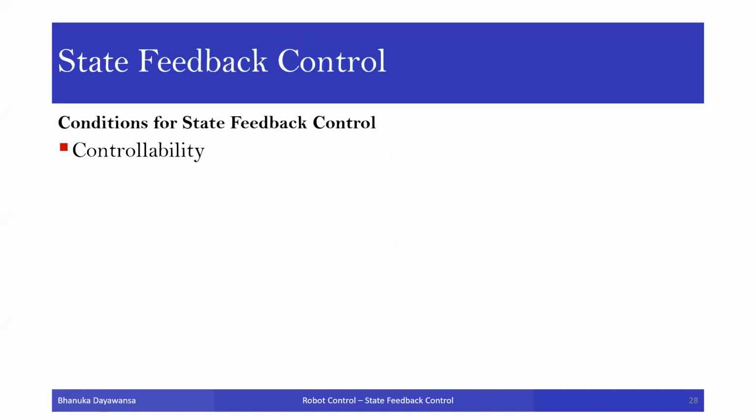So for state feedback control, you all know for control systems, you have done SISO type of control, single input, single output, right? In this case, we are considering multiple input, multiple output type control, MIMO. So we have multiple states, and for all these states, we have to control by having multiple gains, right?